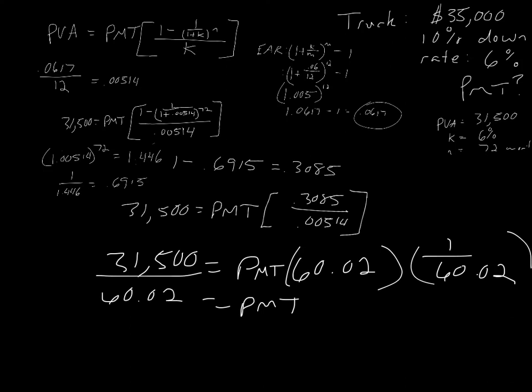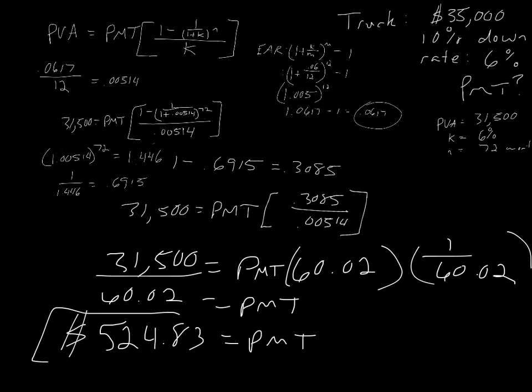And so what we're left with is 31.5 divided by 60.02, and that leaves us with a payment of $524.83. There it is. $524.83 is our payment after all of that.